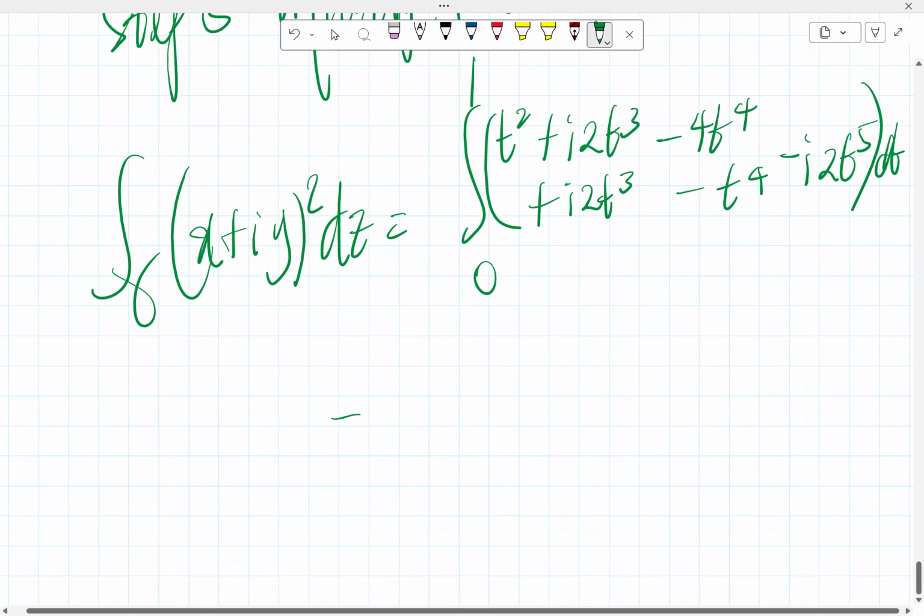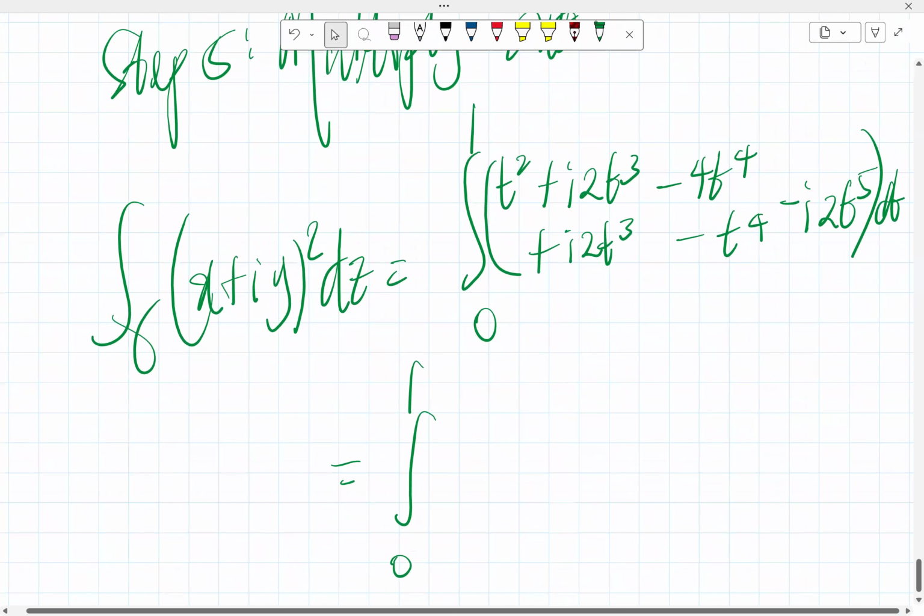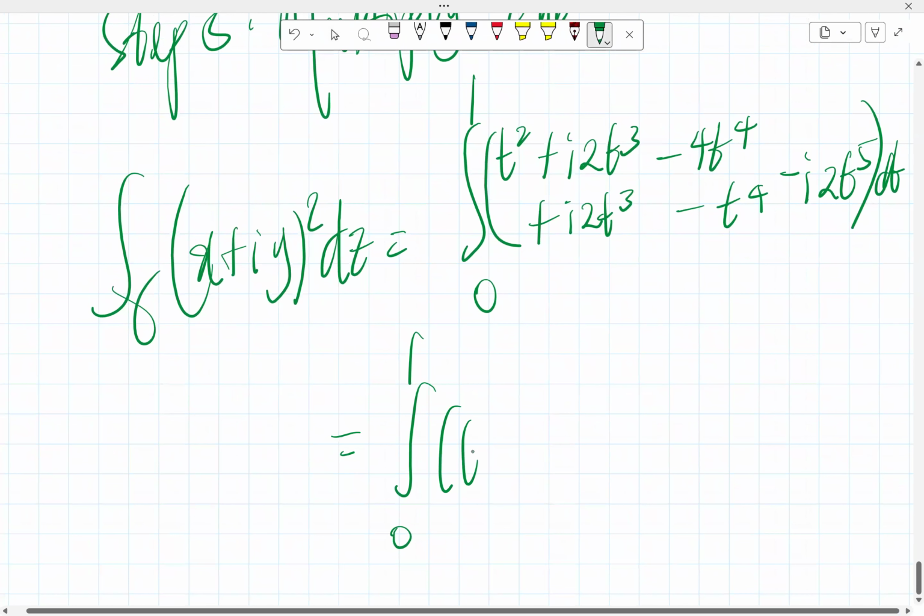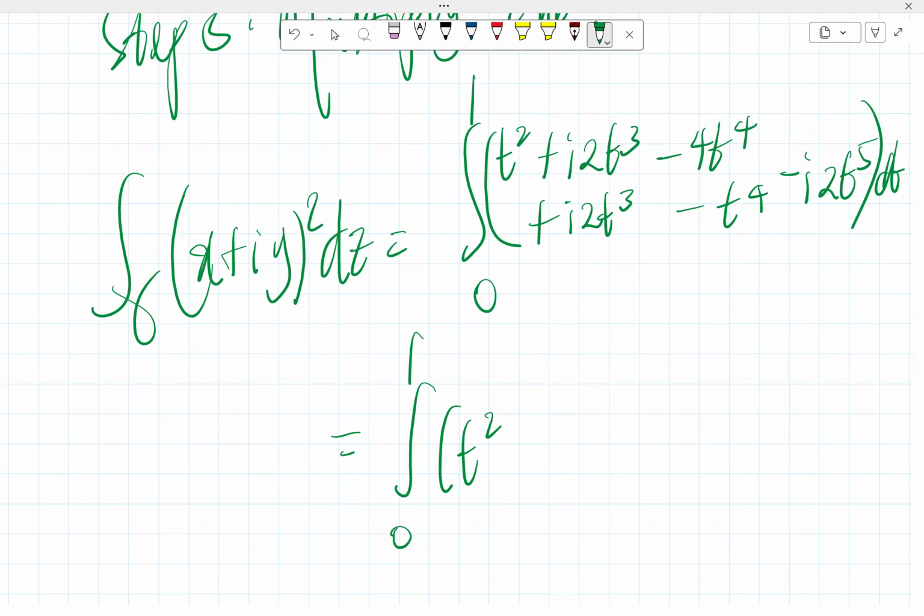So I just carry on. I have the integral from 0 to 1. We can tidy things up now. The integral from 0 to 1 of t², then these two can add together, so that'll be plus i4t³, since we have two of the same. Coming here, we have minus 5t⁴.